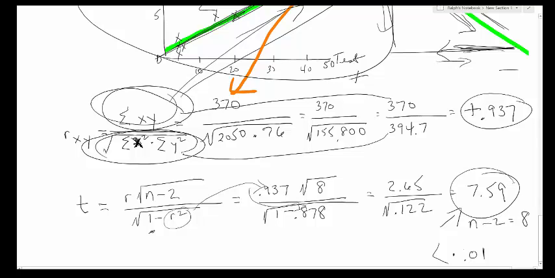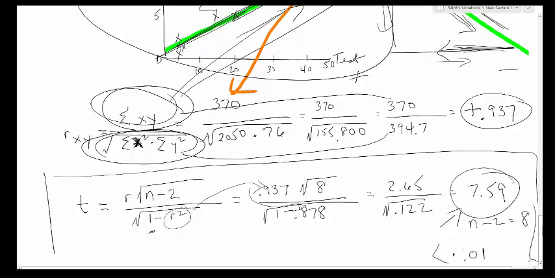This is what I can tell you generally. I will not ask you to do this, to come up with a t. But I will tell you what the standard is.